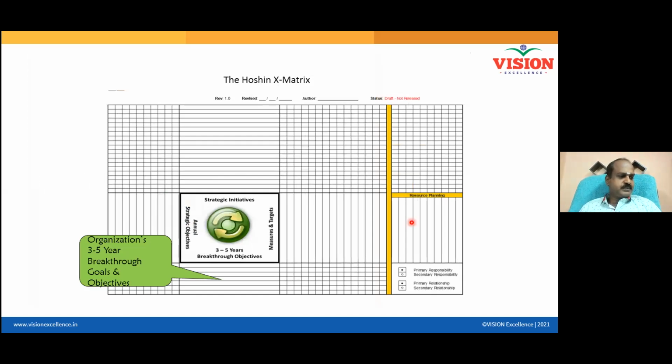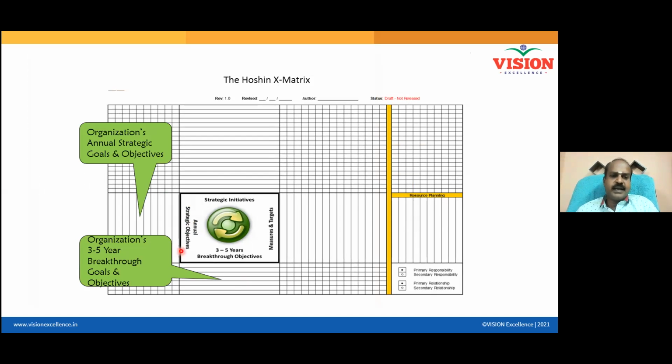Here we write the 3 to 5 year breakthrough goals and objectives. If you are interested, you can take it up as an assignment: what are 3 strategic goals of your company? You can find out yourself. Maybe you can do a little brainstorming within your team, and then write down 3 important strategic goals for your organization.